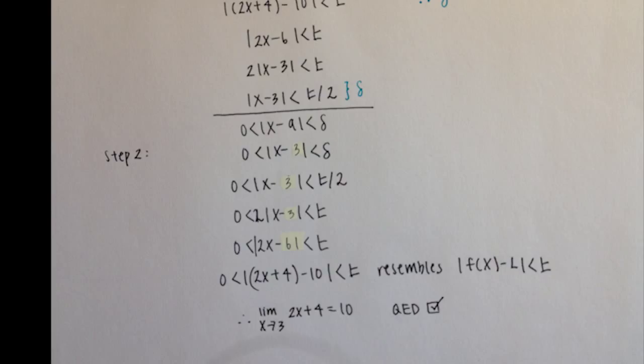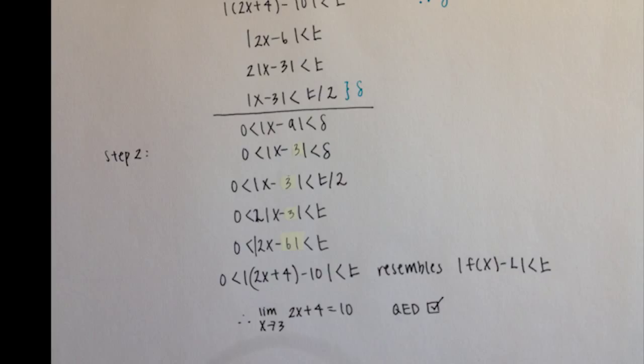And we end up with 0 is less than the absolute value of 2x minus 6, which is less than epsilon. So now we're going to expand negative 6 into plus 4 minus 10. So we result in the expression 0 is less than the absolute value of 2x plus 4 minus 10, which is less than epsilon. And we see that this expression resembles the absolute value of f of x minus L, which is less than epsilon.